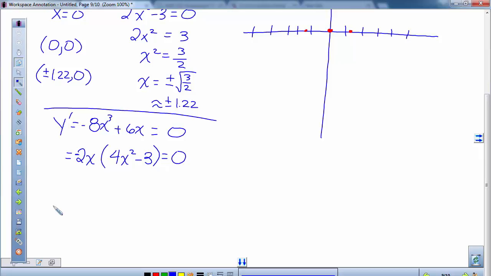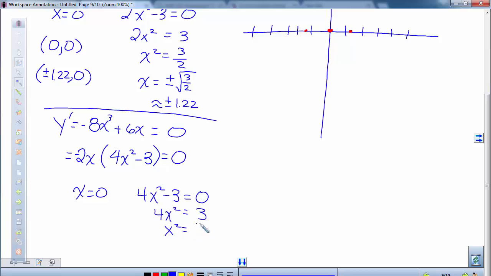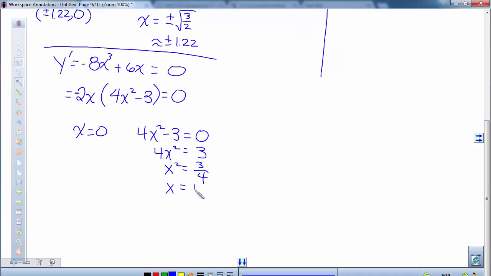So we get x equals 0 from here, and then 4x squared minus 3 equals 0. 4x squared equals 3. X squared equals 3/4, or x equals what? Plus minus, we'll say root 3 over 2, which is how much? Plus minus 0.87.